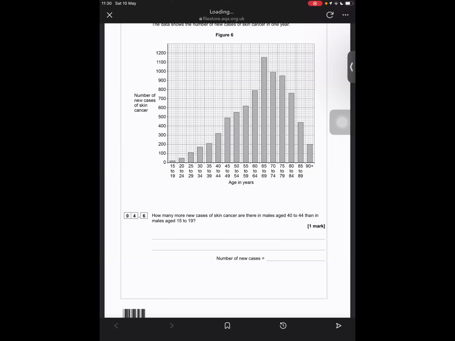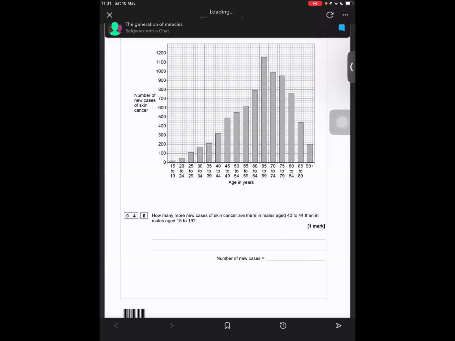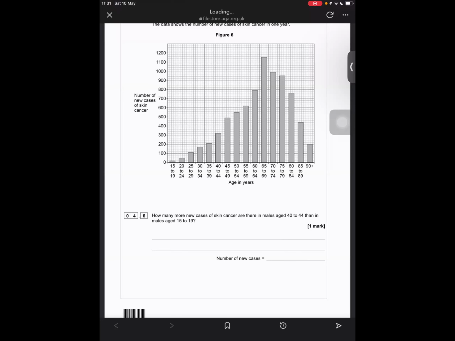Especially when you talk about men, they are not really keen on taking care of their skincare and all that. They're not really big on it as much as women are. So, yes, that's what I would say. One conclusion: mostly males in their prime are the ones who have the highest incidences of new skin cancer cases.